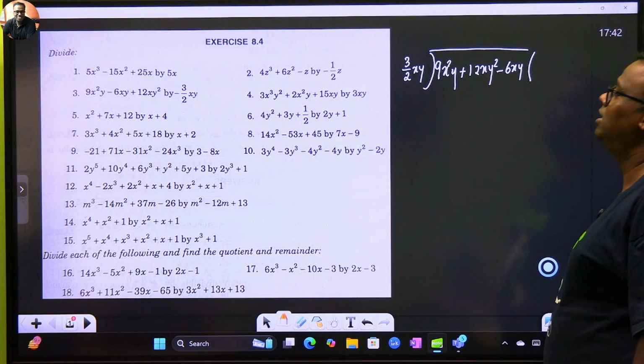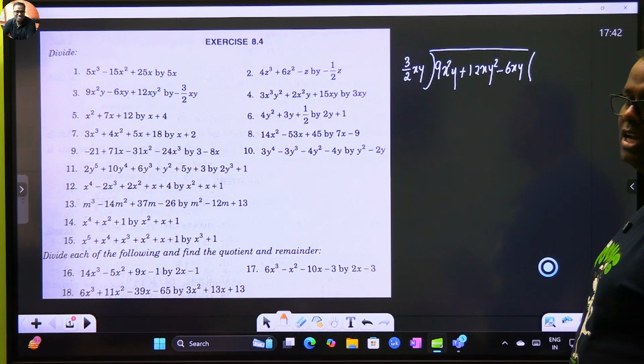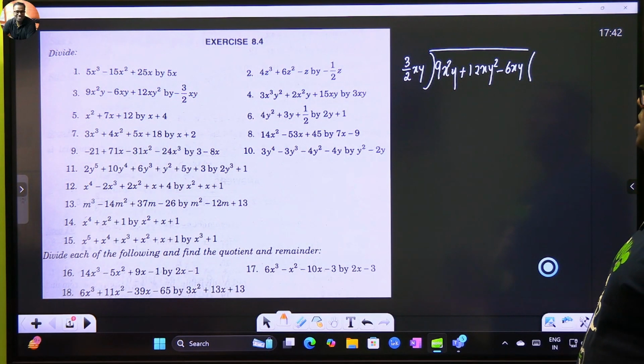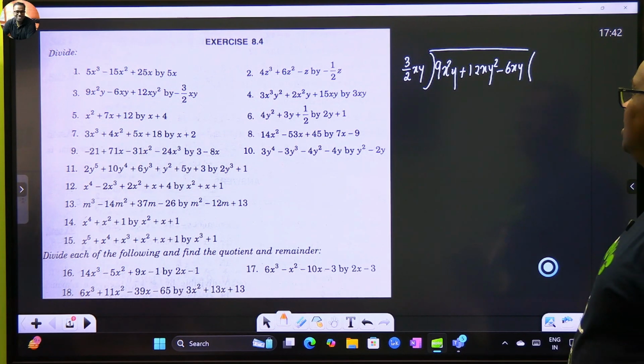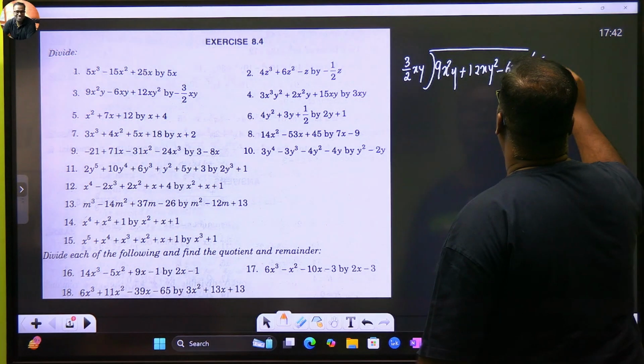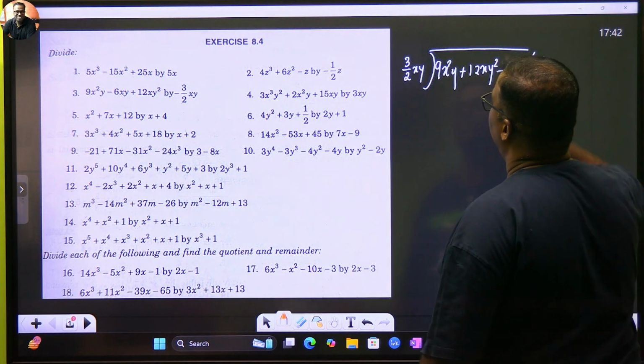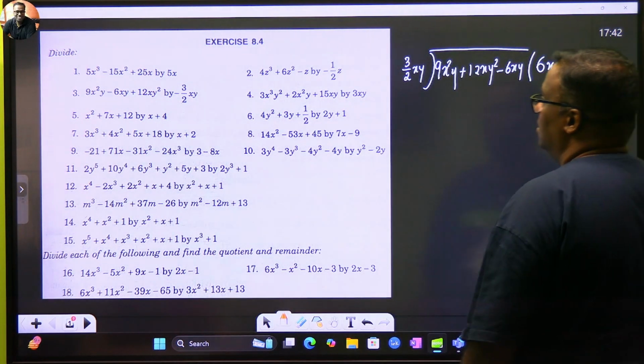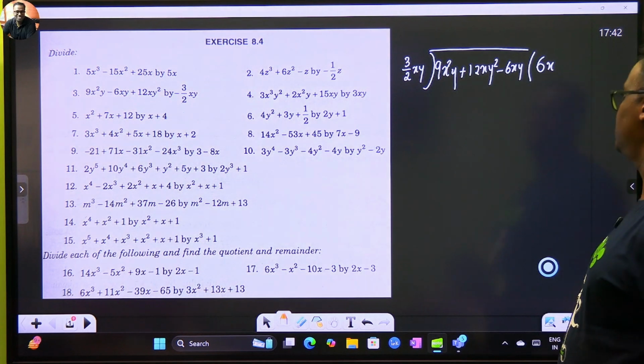So how do you get 9? 9 means, no, 9 means a 3 has to multiply a 3, right? So it should be a 6. If I use a 6 out here, so 6, I'll take an x and the y is already there. No, deliberately I'm not doing minus 3 by 2.